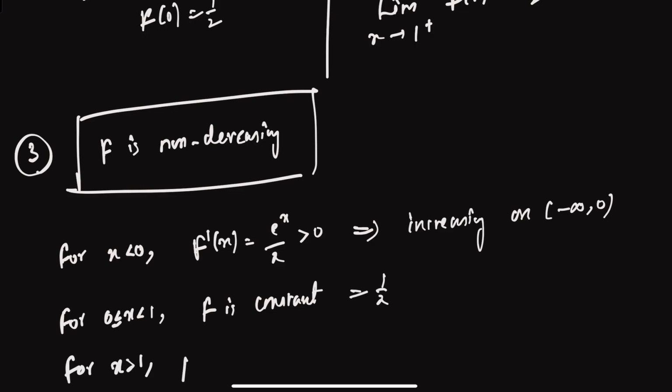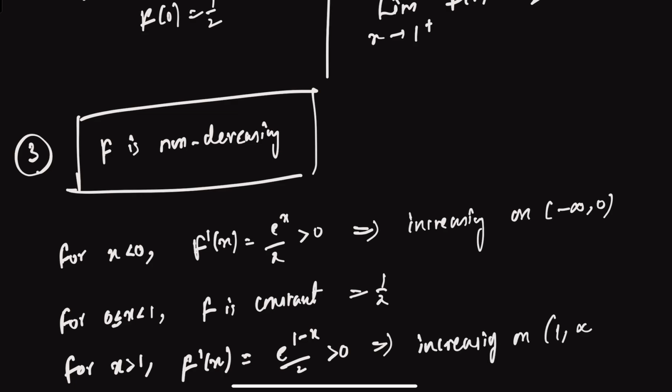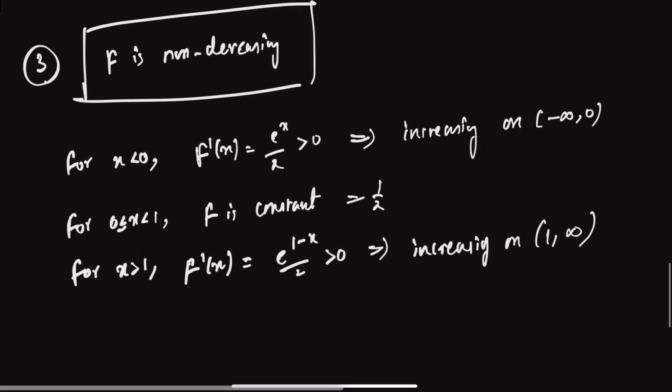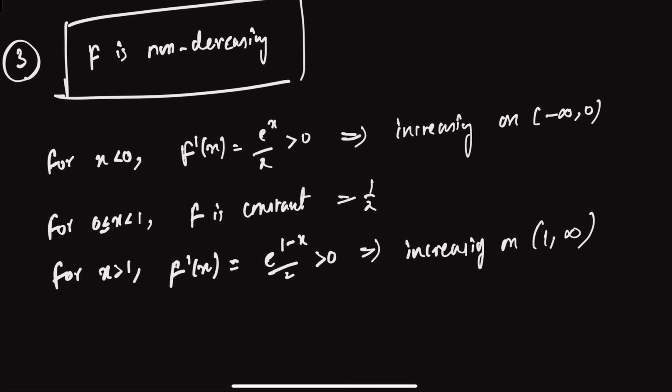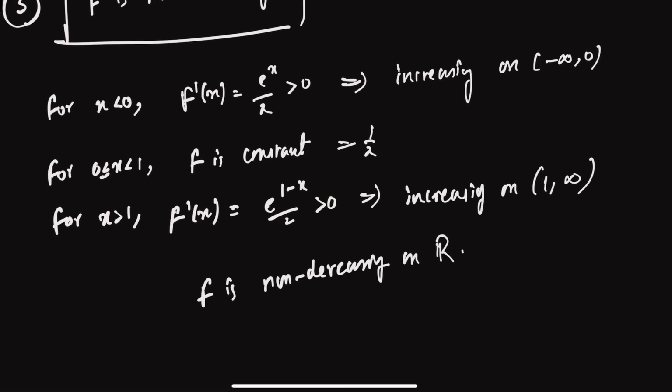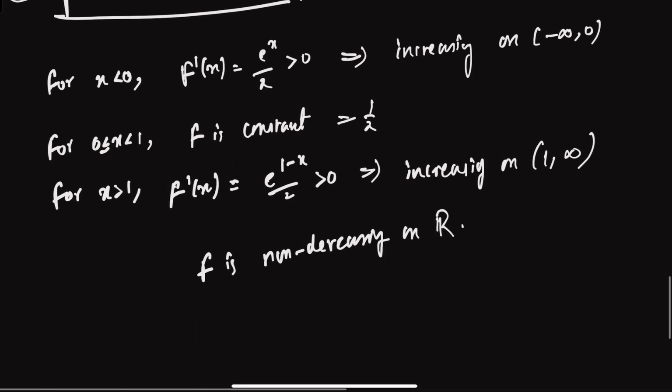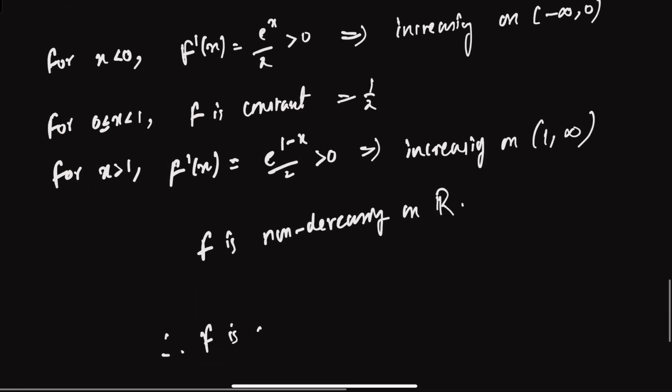And for x greater than 1, f dash of x is e to the power of (1 minus x) by 2, which is greater than 0. So it is increasing on 1 to infinity. The values match at the boundaries, so we can clearly see that f is non-decreasing on the entire real line R. So all properties are satisfied, and therefore f is a valid CDF.